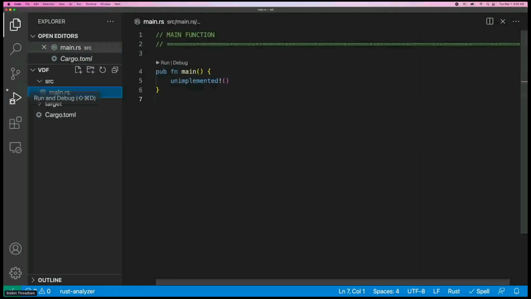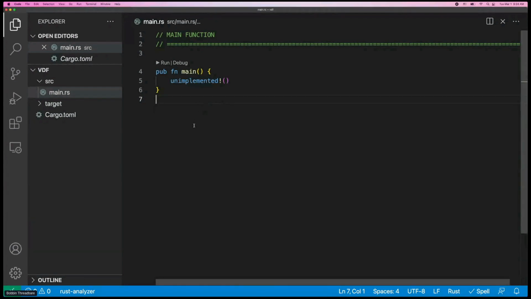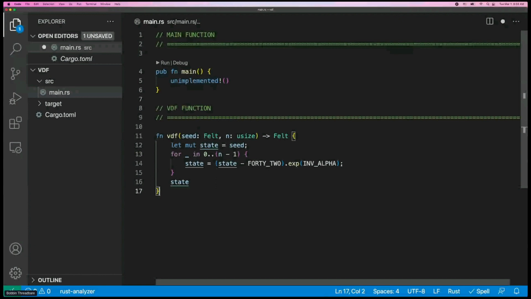So the first thing that we want to do is start with defining our function. I have all of this coded up before, so I'm just going to paste some stuff here to save on time. So here's our VDF function. And in this case, let me bring in all the imports that I need for this.